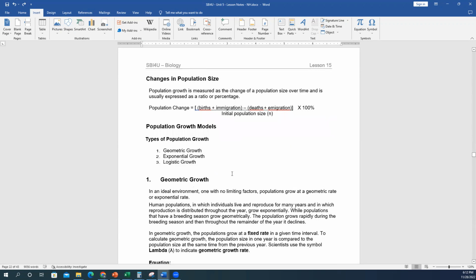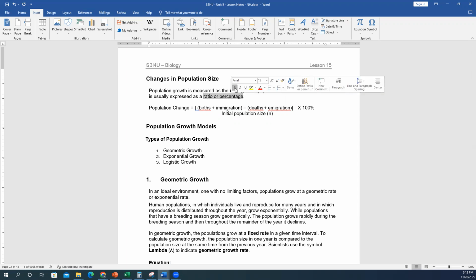So population growth is measured as a change of population size over time, and this is typically reported as either a ratio or a percentage value. So in population change, you would take the change of a population.